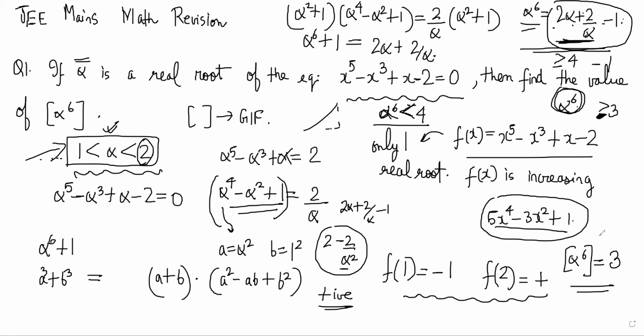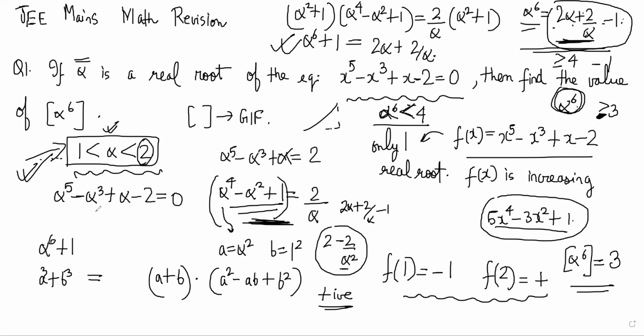Everything in the question was straightforward till this point, where you get 1 is less than alpha is less than 2. But after that, you still can't figure out alpha power 6 unless you put alpha in this equation, get till here, and then somehow manage to get this equation, which is alpha power 6 is equal to this.